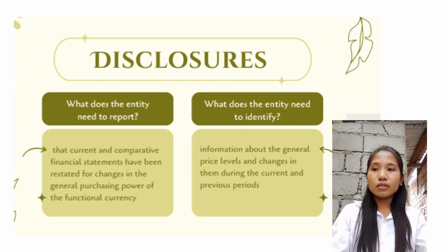Next one is the disclosures. Disclosures are needed in restated financial statements so that the basis for dealing with the effects of inflation is clear and the results are understandable.